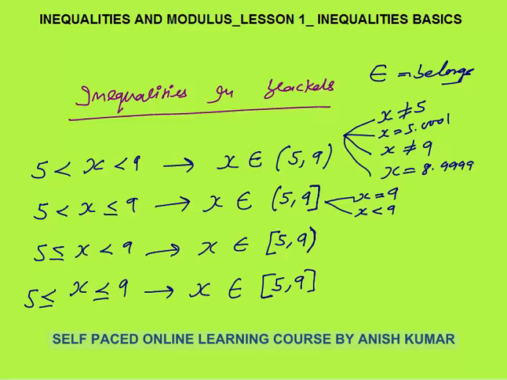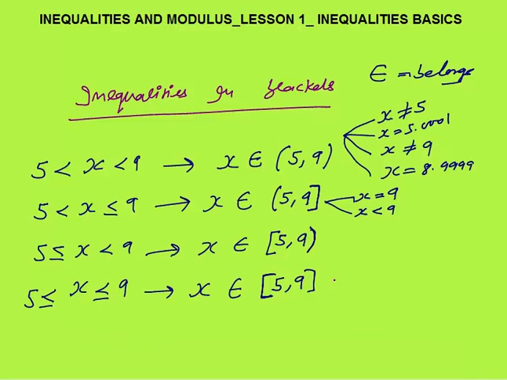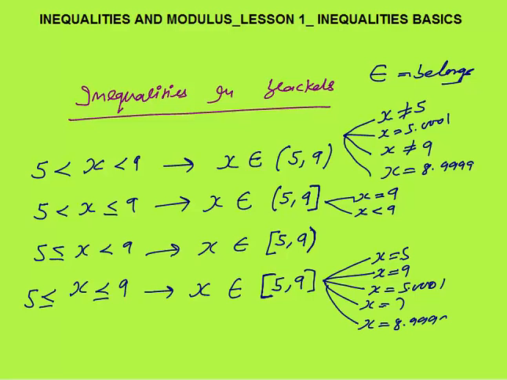Both square brackets will come. It means 5 and 9 are both included as well as the numbers in between. So x can be 5, x can be 9, x can be 5.00001, x could be 7, x could be 8.999, all values are possible.